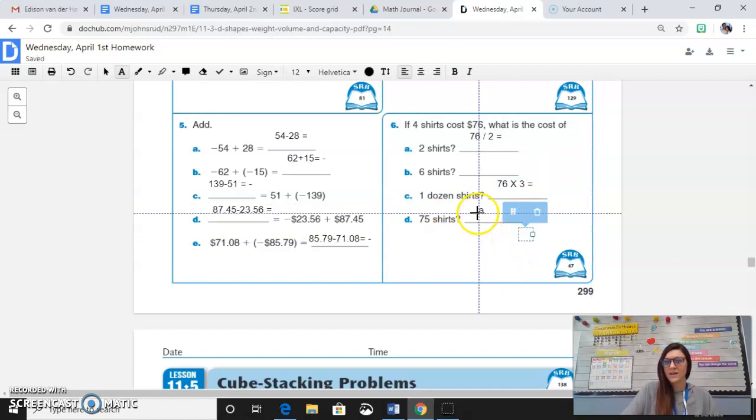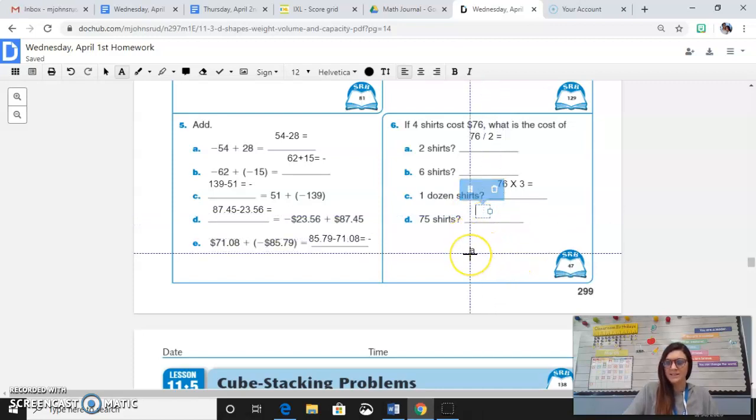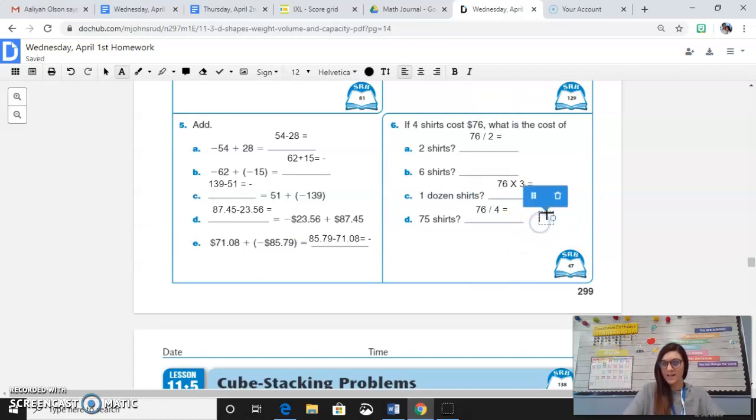Then 75, ooh, that one, you're going to have to take 76 divided by 4 to figure out how much 1 is. And then, whatever that is, you're going to have to take that answer over here.